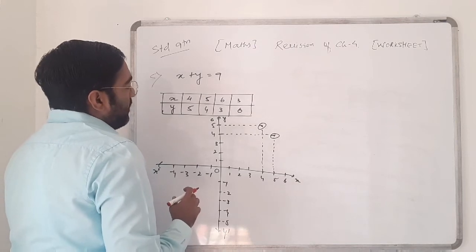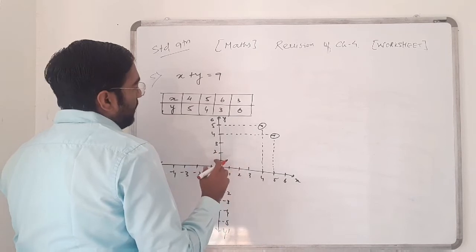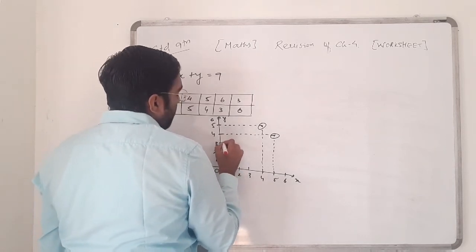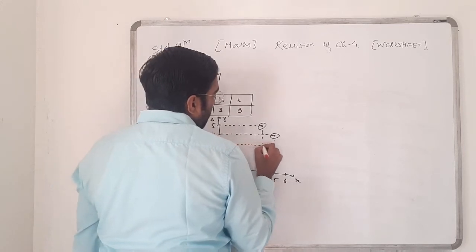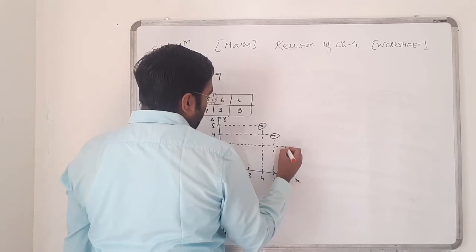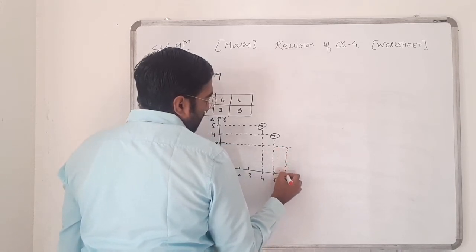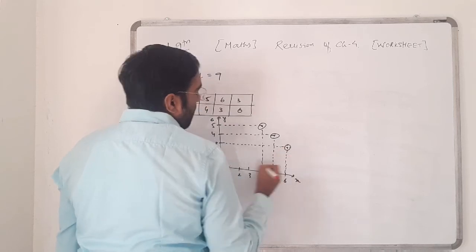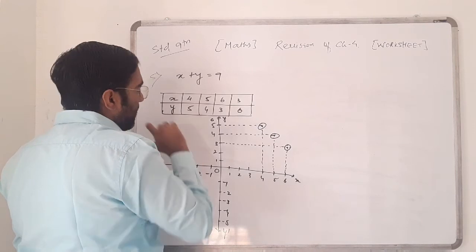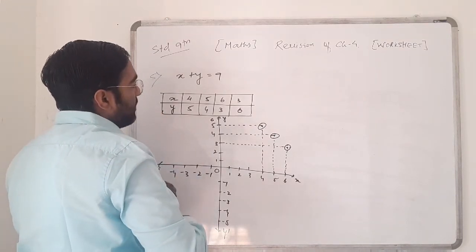Next one, x equal to 6, y equal to 3. Okay, and the last one, x equal to 3 and y equal to 6.